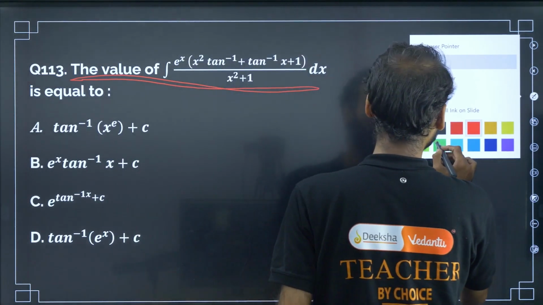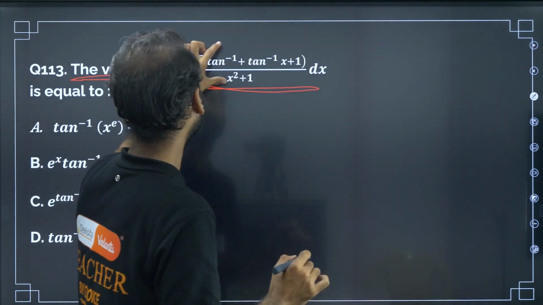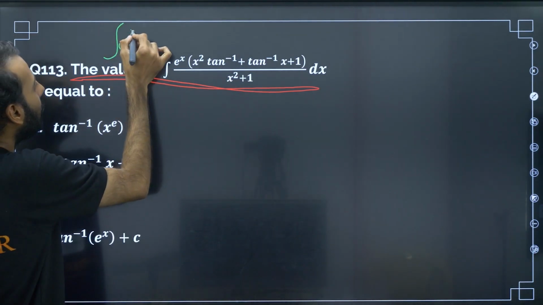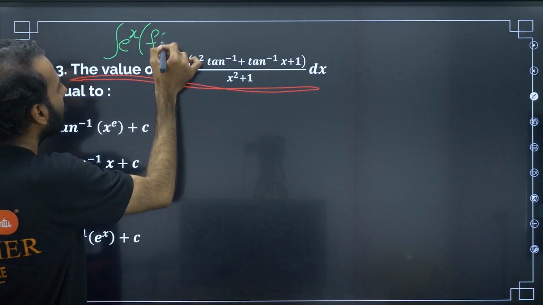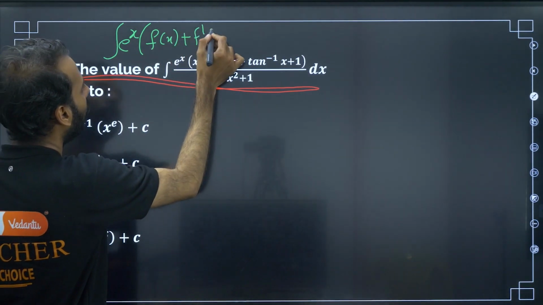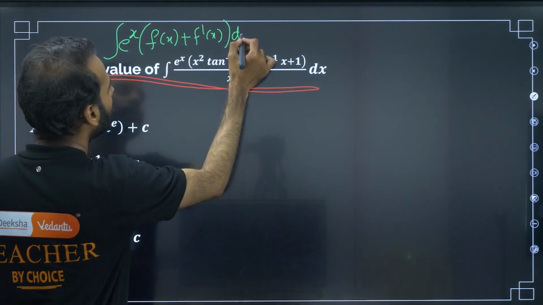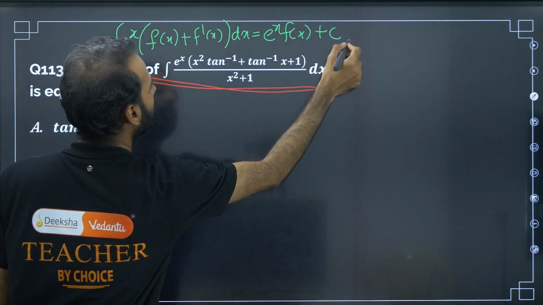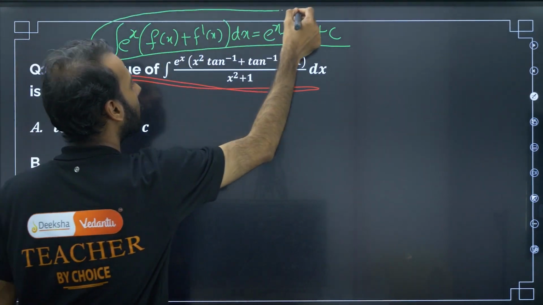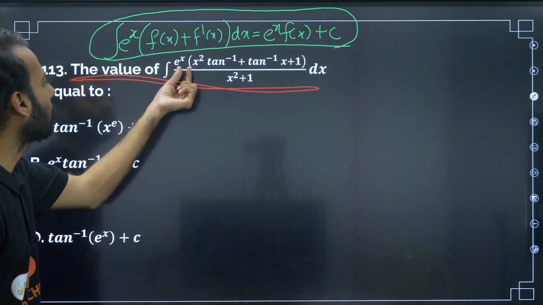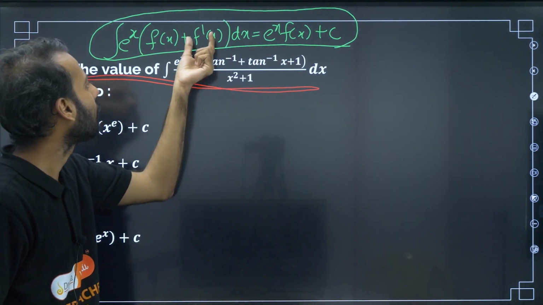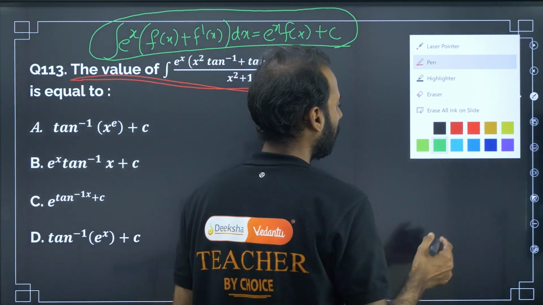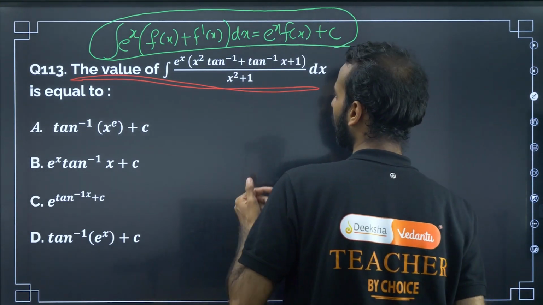The moment you see e raised to x something like this in integration, this should immediately come to your mind: integral of e raised to x times f of x plus f dash of x dx is equal to e raised to x f of x plus c. This is a synopsis point. The moment you see e raised to x and some function, this has to come to your mind. Then only you will be able to solve. If you don't know this point, make a note of this. If you know, then it is a good thing.